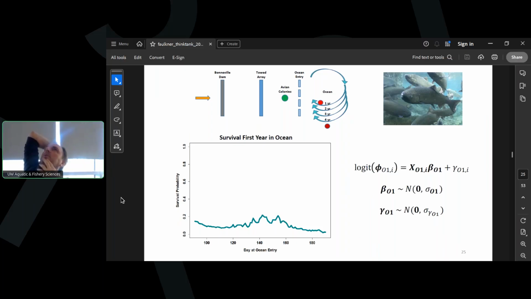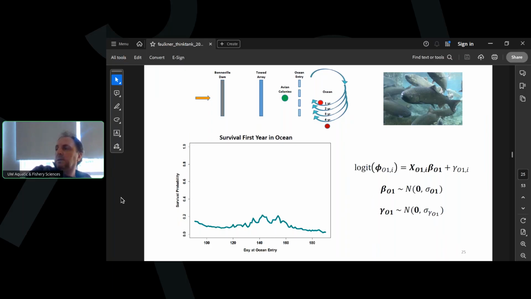Okay, so we're going to allow survival in the first year in the ocean to be different from the remaining years in the ocean, and the main thing is to allow it to be a function of daily covariates.